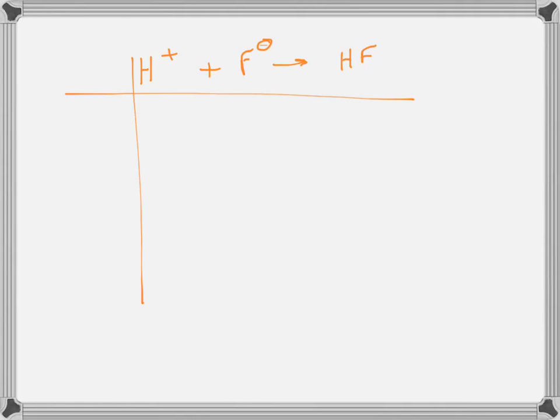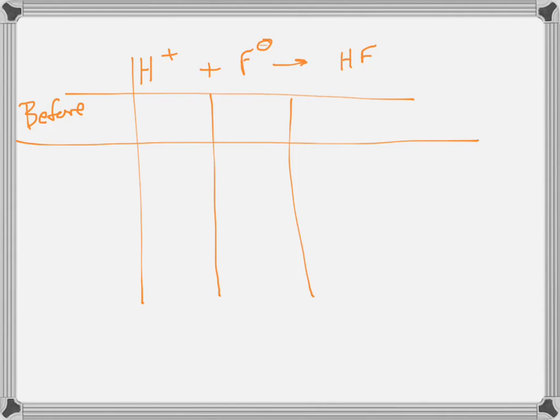So we start with B, B standing for before. It doesn't have to be intuitive. Before we add the acid, or before we add our strong acid or base, what were the concentrations before we started? The fluoride was 0.1.